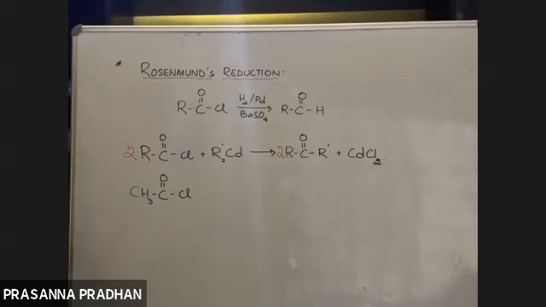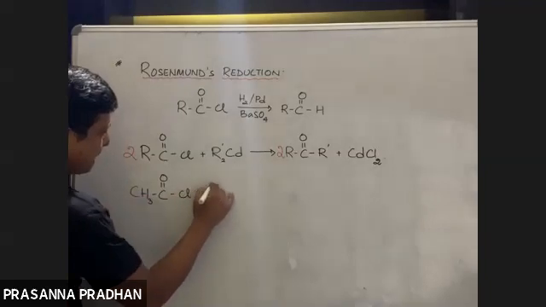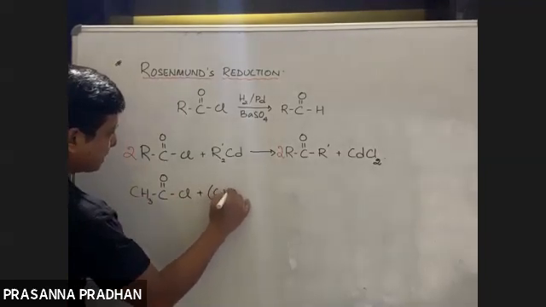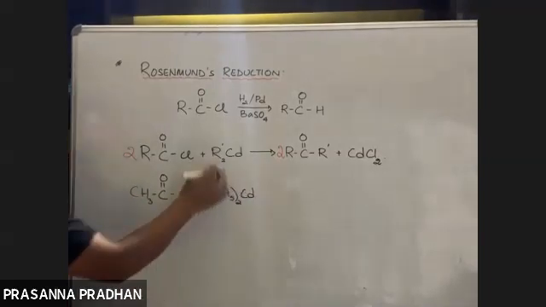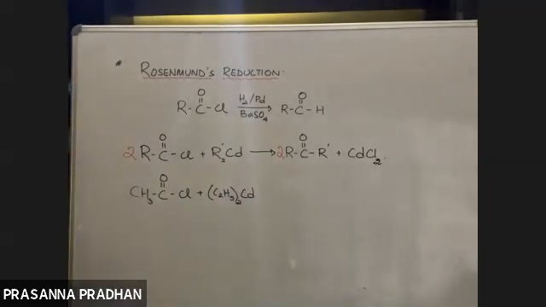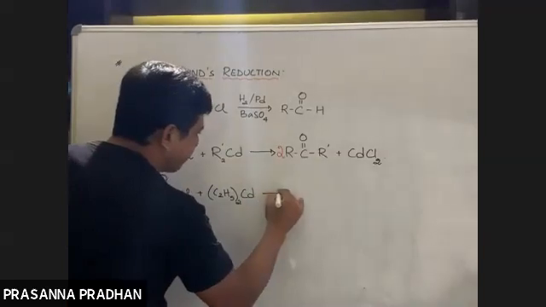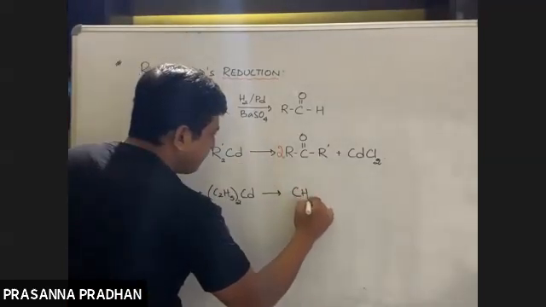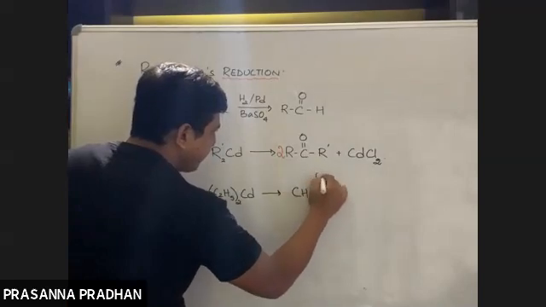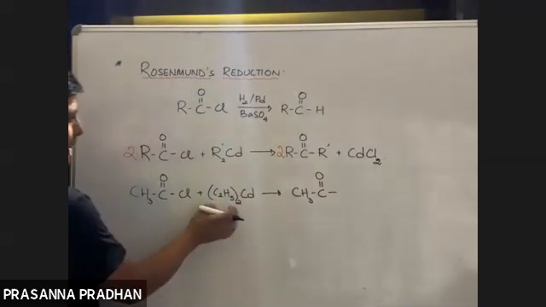Now when this is treated with dialkyl cadmium, say I'll take diethyl cadmium, what is the compound obtained? I'm not balancing it now. CH3CO comes from the acid chloride and one alkyl group comes from the dialkyl cadmium.